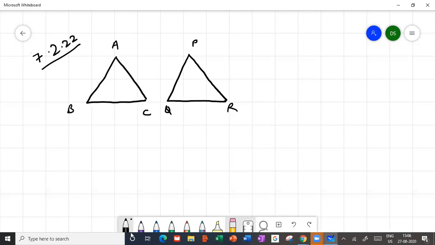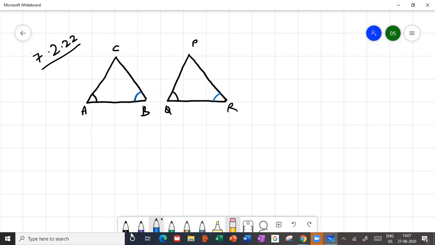Yeah, that would be better. Okay, so angle A is equal to angle Q and angle B is equal to angle R. So the question is which sides should be equal in these two triangles so that the triangles are congruent.